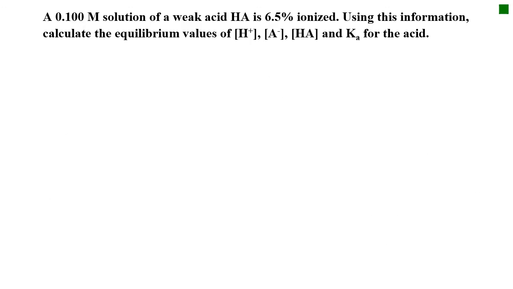All right, now we have a weak acid, and instead of being given its pH, we're given the percent ionization. So we have to make sure we understand what that means. 6.5% ionization means that 6.5% is equal to our X value over the concentration of the acid initially multiplied by 100.